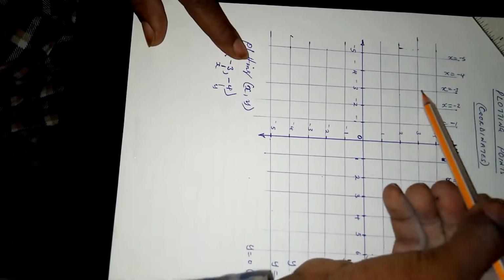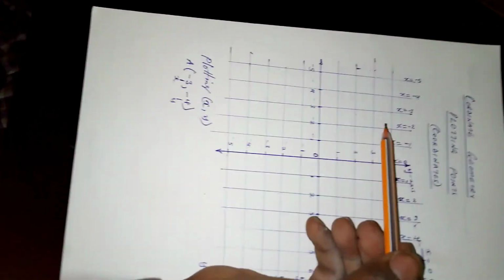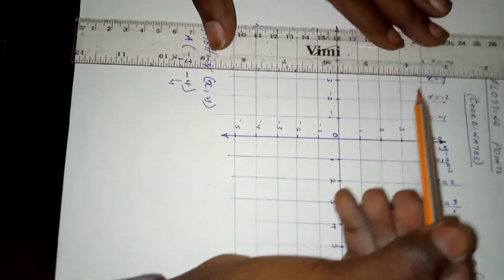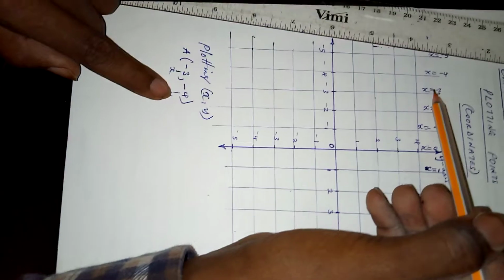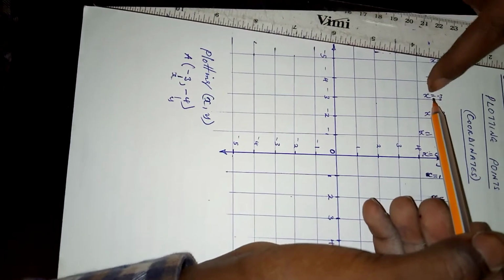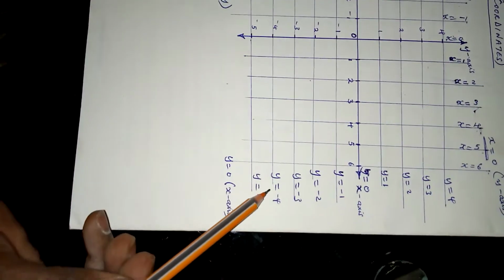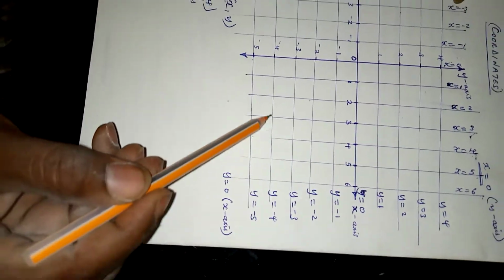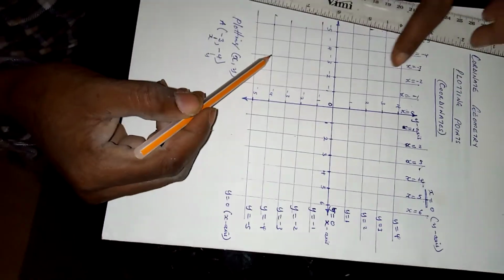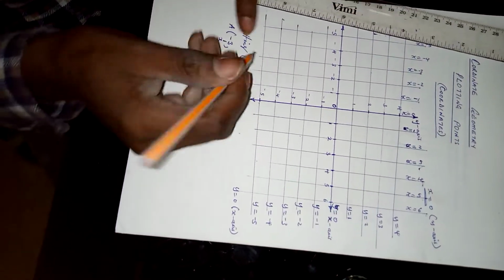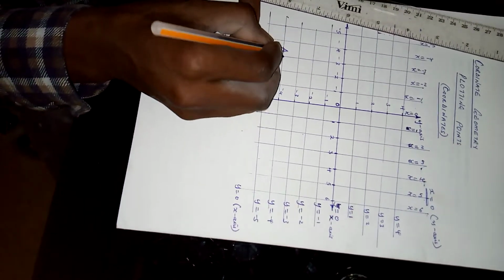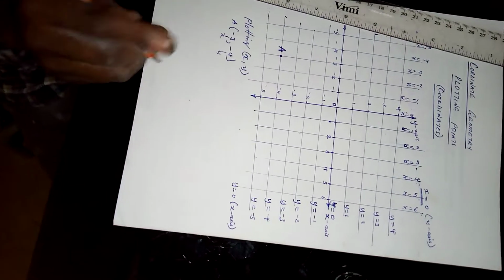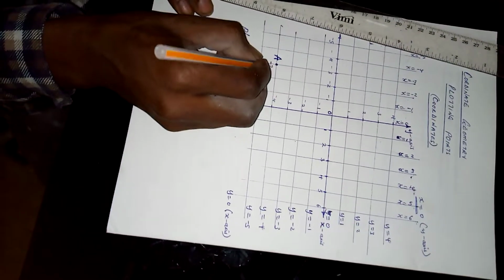Definitely it is this line. This is the line x is equal to -3. Your y is equal to -4. It is this line. So this line will meet x is equal to -3 at this point. And exactly this is our point A, which is (-3, -4).